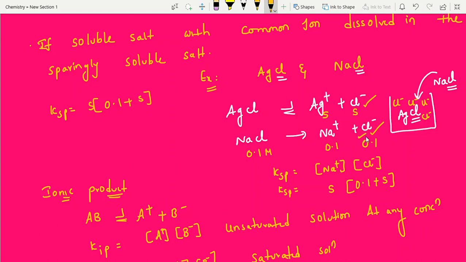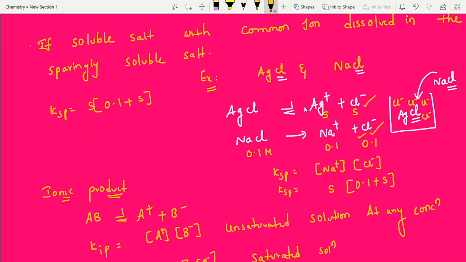NaCl. If the Cl minus ion concentration increases in the vessel, according to Le Chatelier's principle, the reaction moves in the backward direction. The reversible reaction goes back. First of all, AgCl is sparingly soluble, but now the Cl minus concentration is increasing, so it goes back. Here the solubility of AgCl is decreasing.